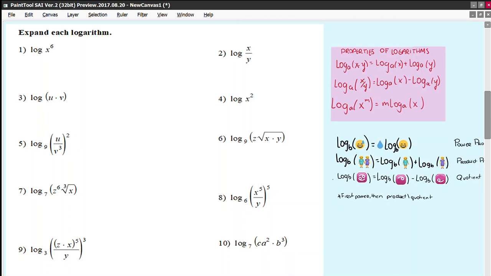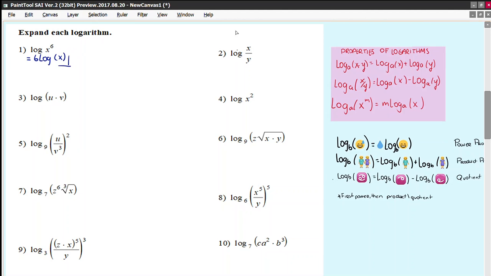So this expression can be expanded as 6 times logarithm base 10 of x. This is expanded already because our argument is isolated, it doesn't have powers or fractions or products inside. So this logarithm is expanded.